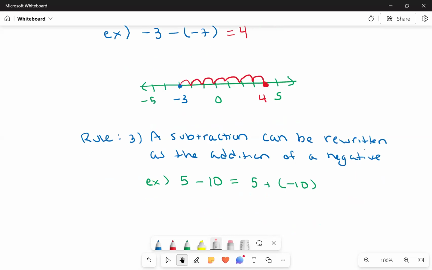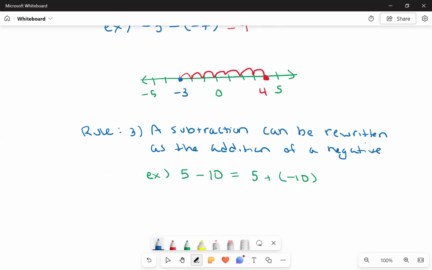And then rule number 4: the subtraction of a negative can be written as an addition.